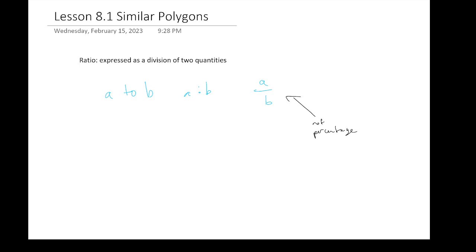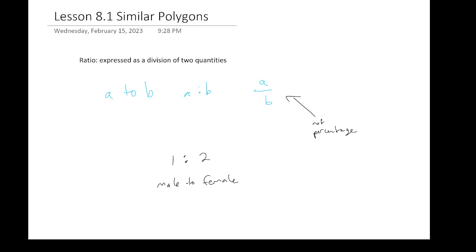Okay, so here's what I want you to consider. Let's take a ratio, right? So you get invited to a party, and you show up, and the ratio of male attendees to female attendees is 1 to 2, right? Male to female.